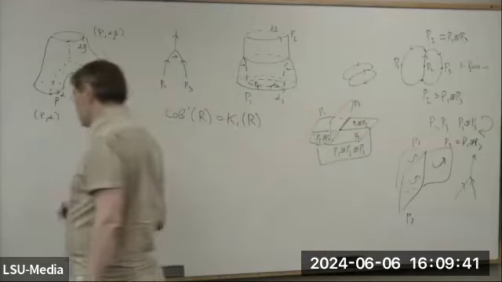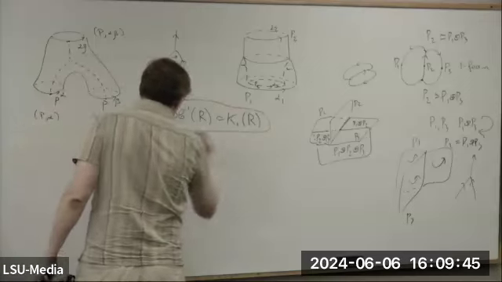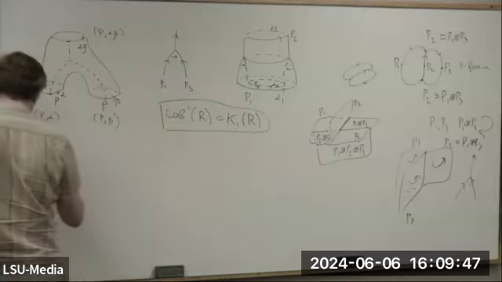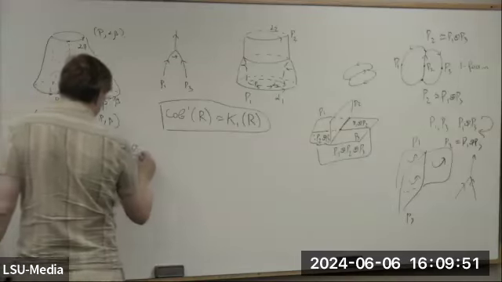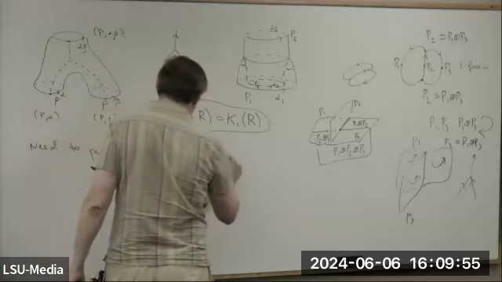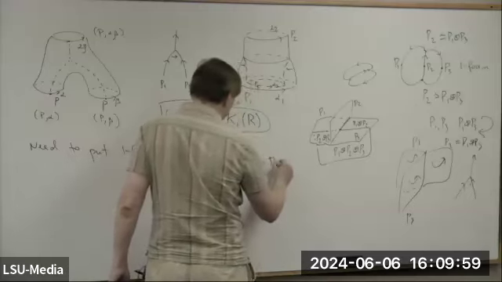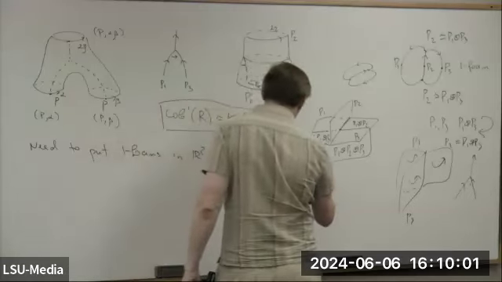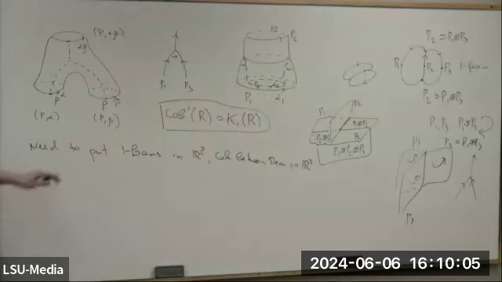Okay, so to make this more rigorous, it turns out that for this isomorphism, we actually need to put one-forms in R2 and cobordisms between them in R3. So our one-forms come with all these decorations.